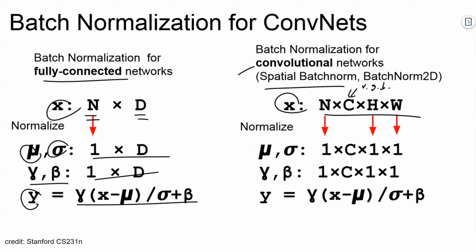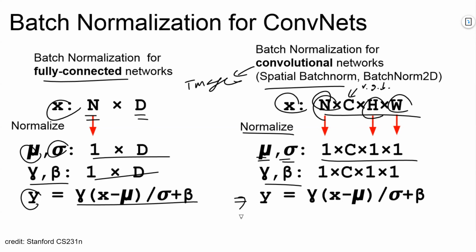And you might know that convolution is related to images. And we have N images, that's all. And when we normalize, we calculate the mean and variance in these directions, N, W, and H. And so do gamma and beta. So we can normalize the input this way.